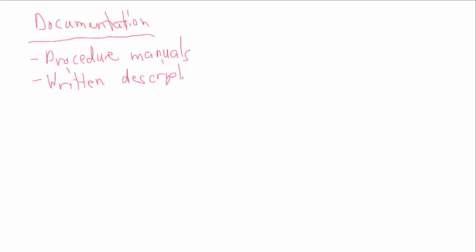We talked a little bit about how a map of a city could just be a giant report of all the streets and how they run and all that. Well, certainly written documentation in the form of procedures, manuals, written descriptions of business processes is certainly a part of documentation.